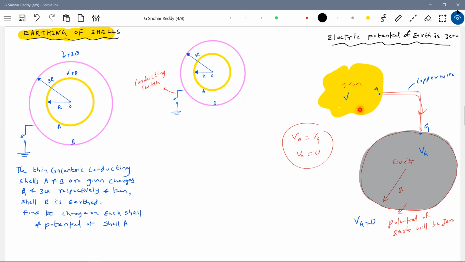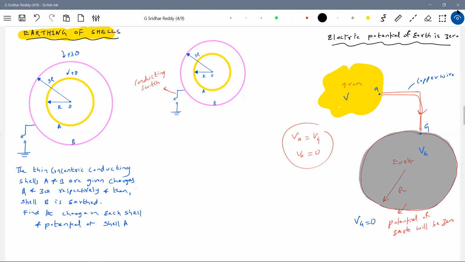Okay, fine. Any conducting body, if it is earthed, meaning I connect it to the ground using a conducting wire, is called grounded or earthed. This symbol is used for earthing. Instead of drawing the Earth, we just show this, and it is assumed that it is earthed. All of you got the idea? Okay, let's sum up. What is the conclusion now?